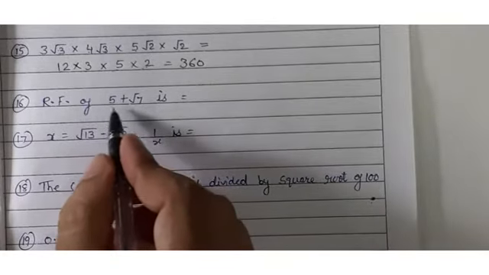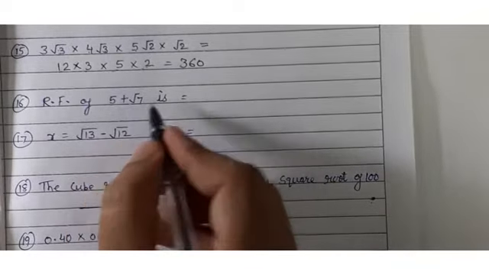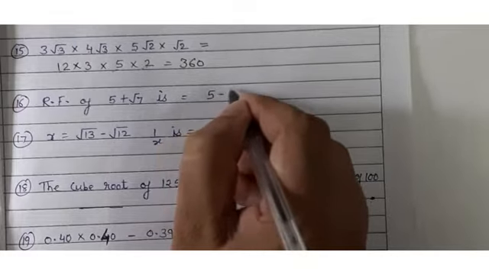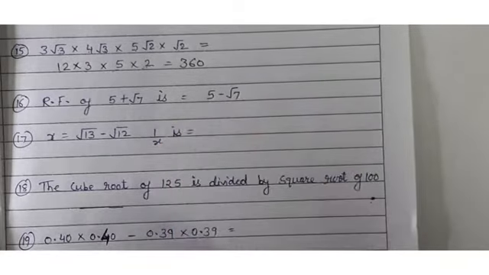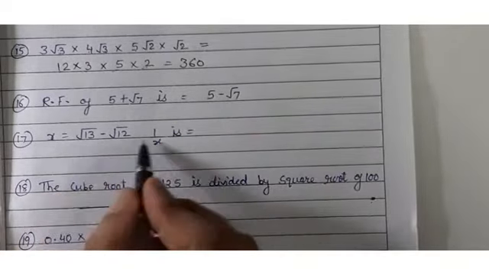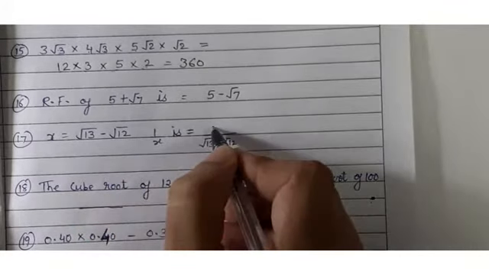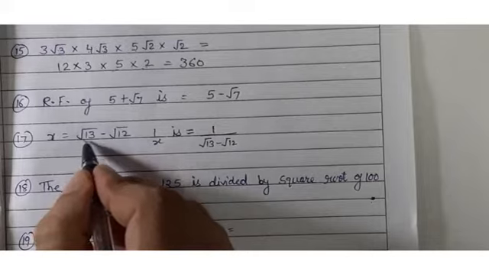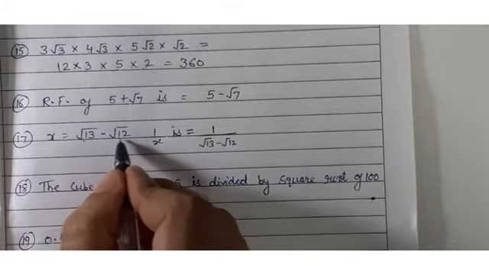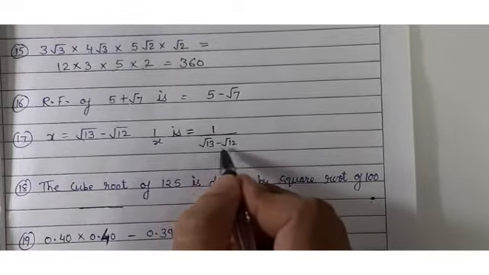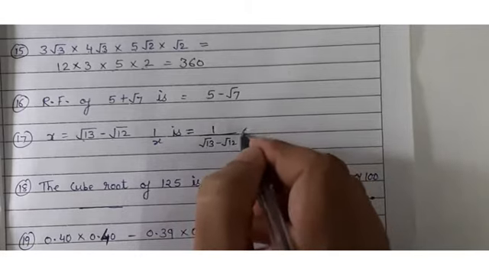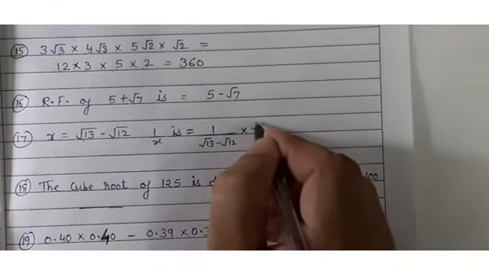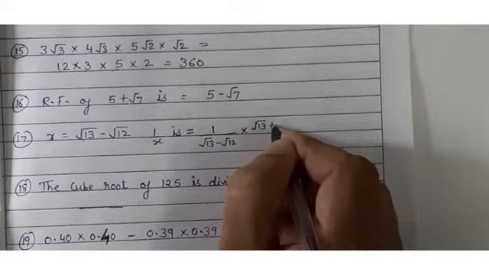What is the rationalizing factor of 5 plus root 7? This will be 5 minus root 7 clearly. Okay, you have to find the value of 1 upon x. x is root 13 minus root 12. And what will be the rationalizing factor? Root 13 plus root 12.